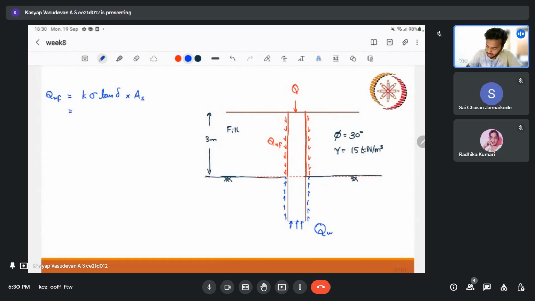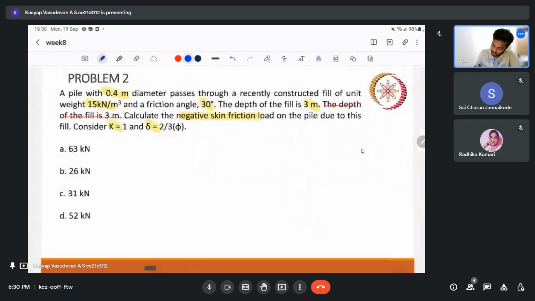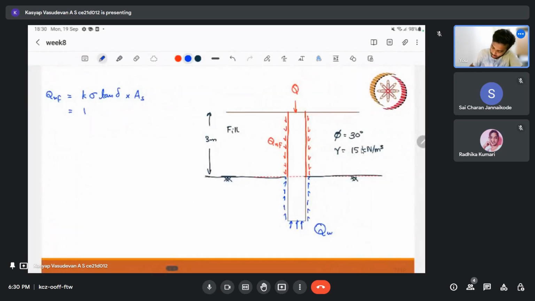So we have K value as 1, sigma value. We need to find sigma. If you remember, it is the average effective overburden pressure in that layer. Here it is 0, and here it is gamma h. So we can take gamma h by 2 at the middle of the layer.